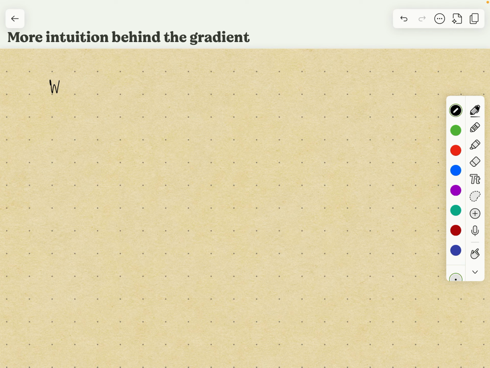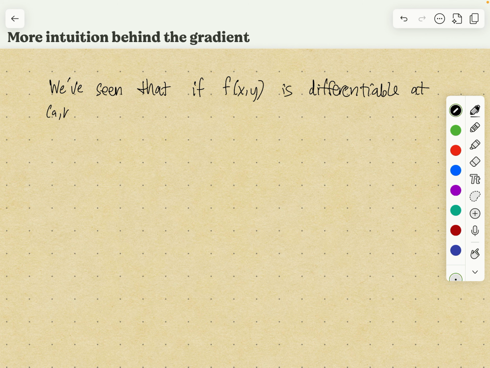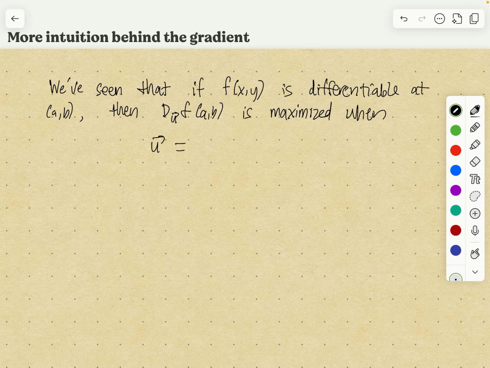So we've seen that if you have a function of two variables and it's differentiable at the point a comma b, then the directional derivative d sub u of f at a comma b is maximized when the unit vector u is equal to the unit vector that's pointing in the same direction as the gradient. So if you take the gradient and then divide by the length.